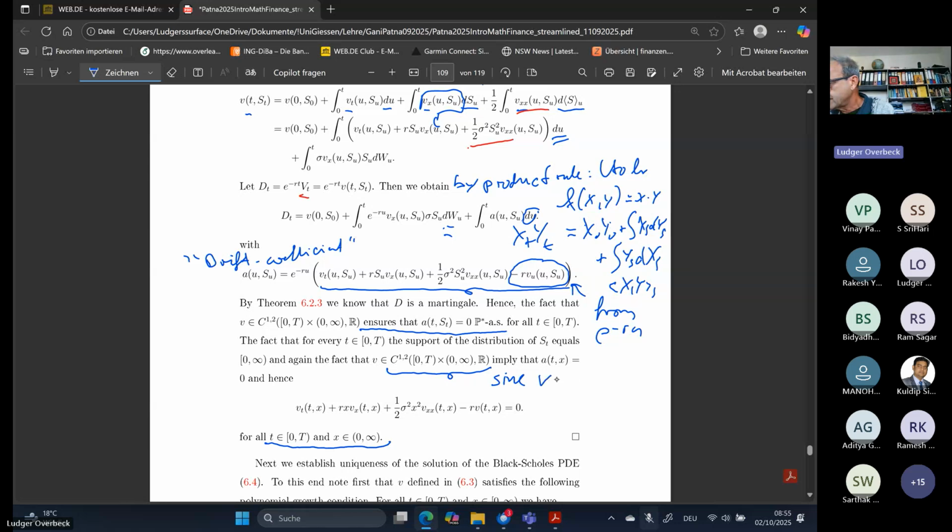It is some integral of the transition density of Brownian motion.